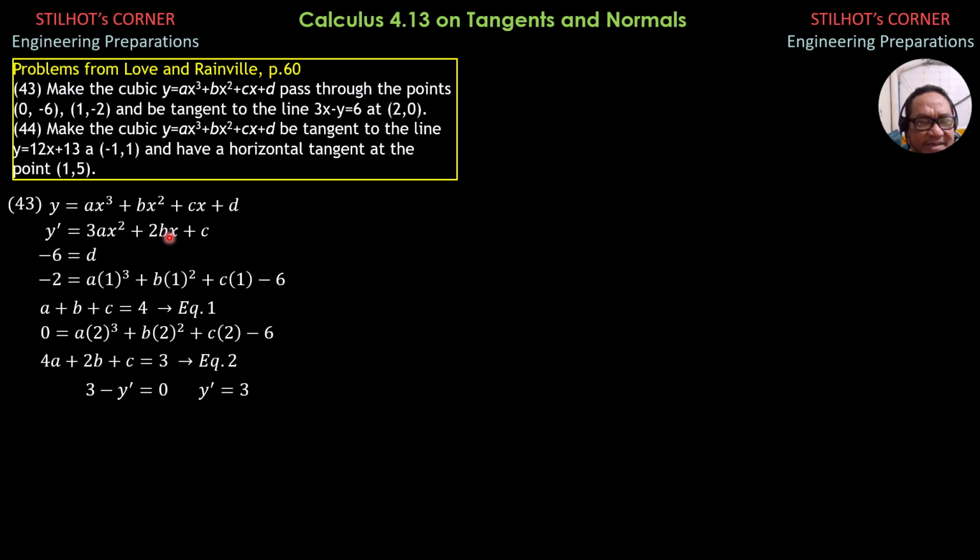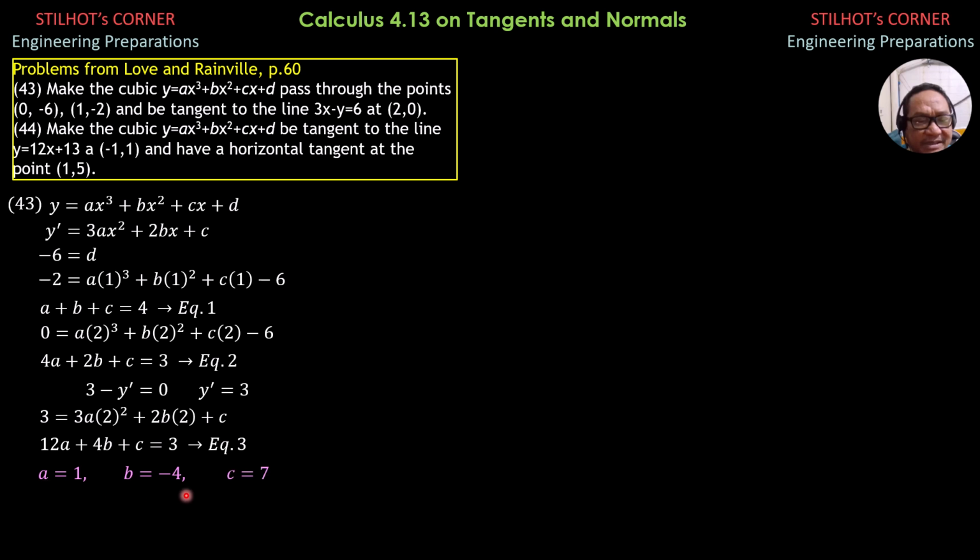So y prime is 3, then 3 equals 3a times 2 squared plus 2b times 2 plus c. Simplifying, that's 12a plus 4b plus c equals 3. Call that equation 3. Solving equations 1, 2, and 3 using your high-tech calculator, we obtain the following.